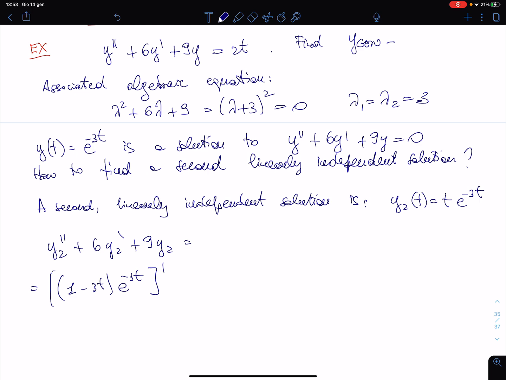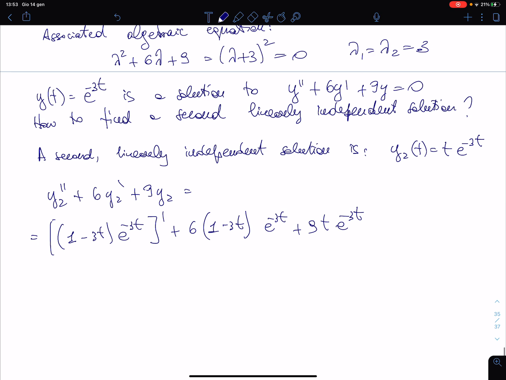Plus 6, and here e to the minus 3t is a common factor. Then you first differentiate t and obtain 1, then you keep t and differentiate e to the minus 3t, so minus 3t. Good. Plus 9t e to the minus 3t.